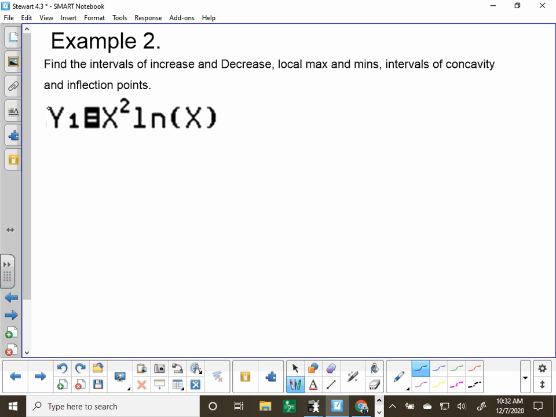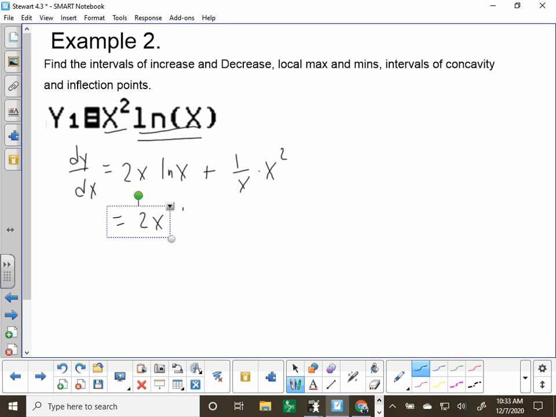Okay, so we're going to use the old product rule. dy/dx is equal to the derivative of the first, 2x, times the second, plus the derivative of the second, times the first, 2x natural log x. That cancels out an x. Okay, equals 0.